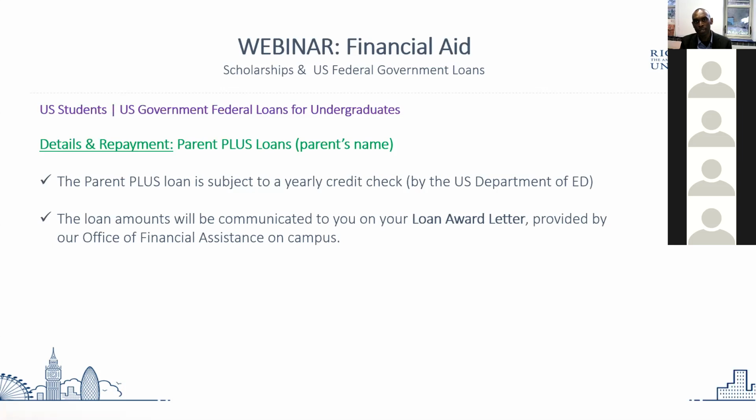The US government credit check is not as stringent as a bank credit check, but they will do a credit check. One of the issues they look for on your parents' application is what they call adverse credit history. So consistent late payment, bankruptcy, things like that. They only look for very adverse issues on the credit report.